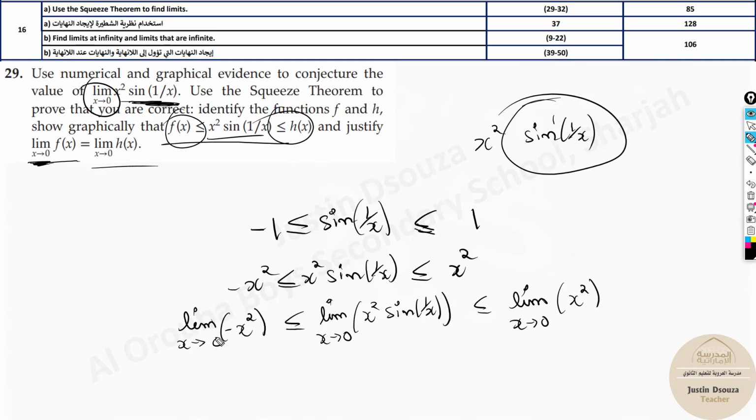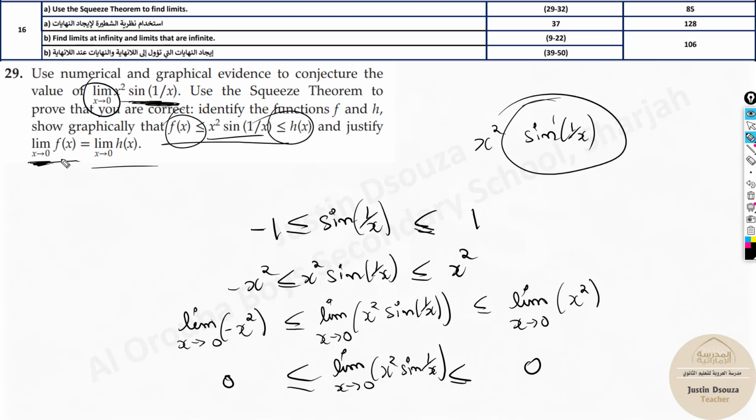What is the answer here? Limit, substitute 0. It's a very simple polynomial. It's 0 over here, and over here the answer is 0. And the middle one will be limit as x tends to 0 of x square sine 1 by x. Didn't you get the answer now? It's 0, isn't it? Before this you can write this, but there is one more step required.